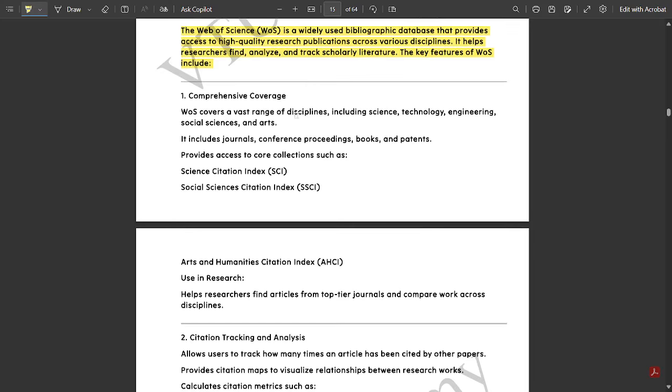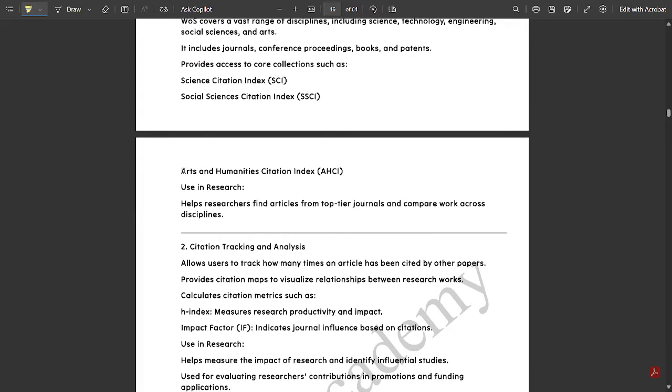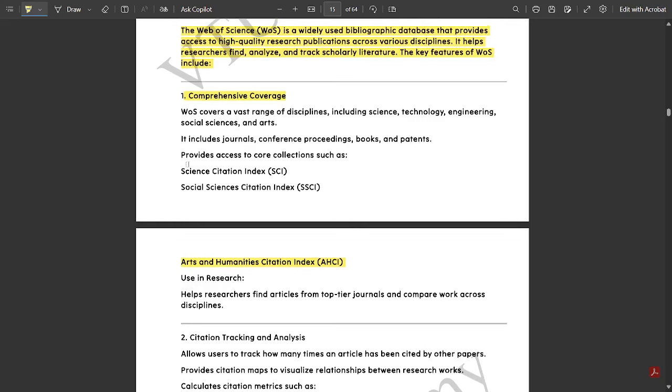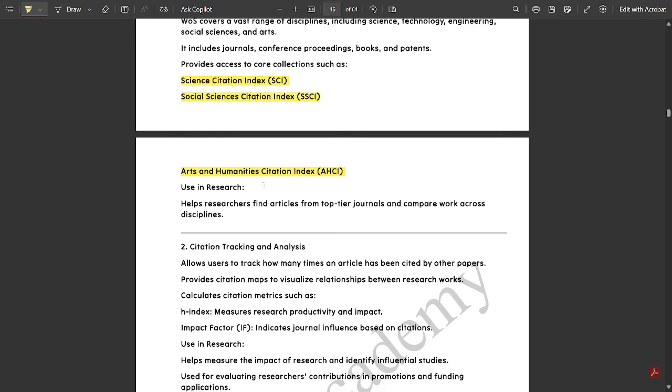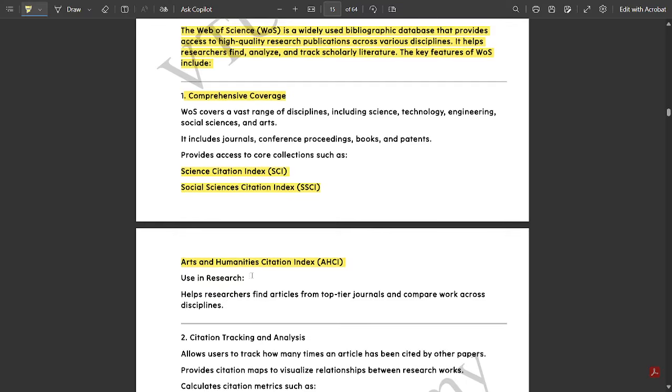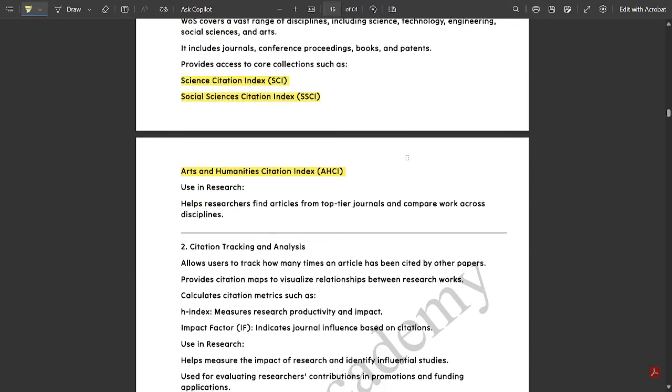Some of the key features of the Web of Science include comprehensive coverage. It provides access to core collections such as the Science Citation Index, the Social Sciences Citation Index, that is SSCI, and the Arts and Humanities Citation Index, that is AHCI. These are some of the core collections under the comprehensive coverage of the bibliographic database in the Web of Science.